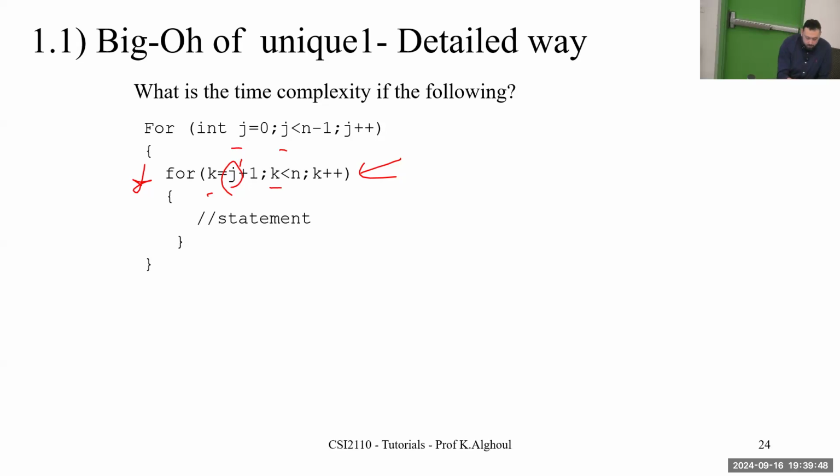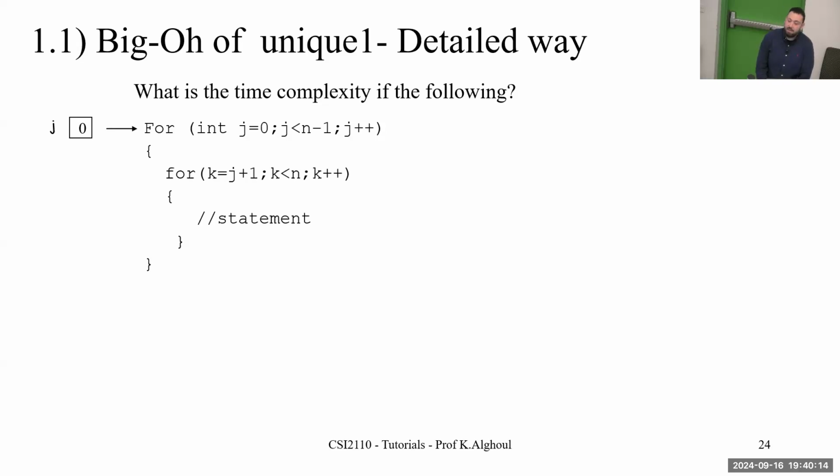Very good. Now, we want to do the table method for this one. So let's do it together. First, what's your name again? Taha. For the first iteration, what is j equal to? J equals 0, right?